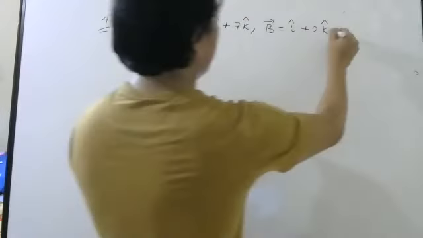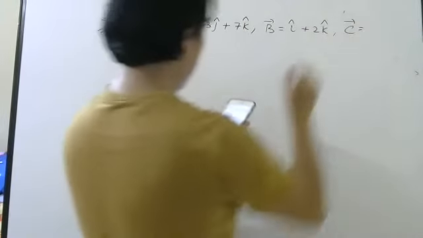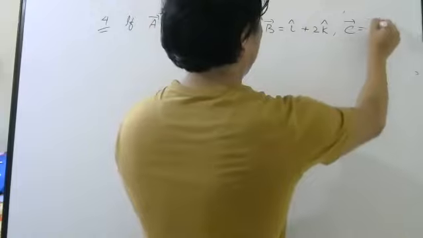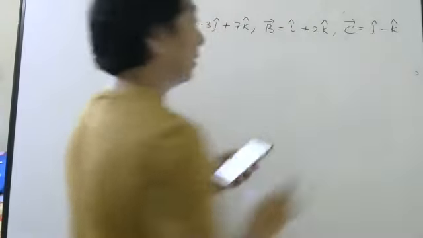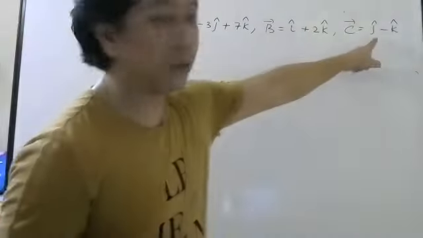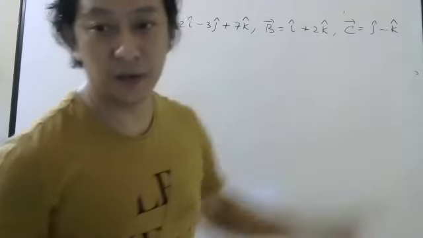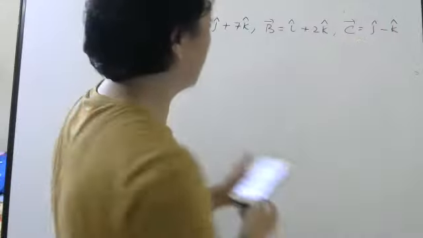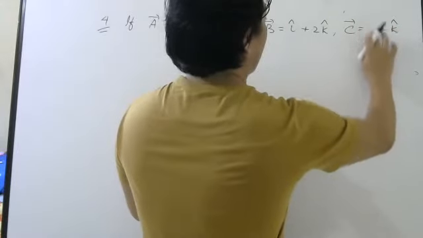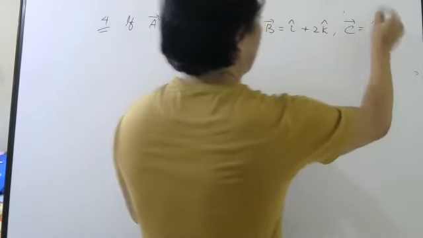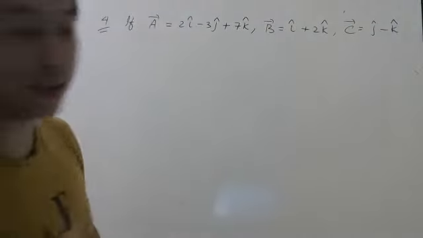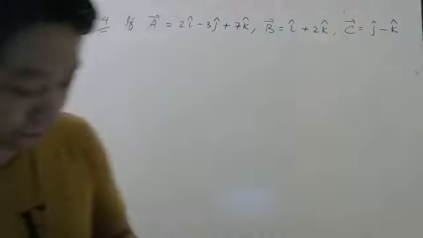And C bar is equal to j cap minus k cap. So here which component is 0? X component. This is j cap. I cap is not there, so there is no x component.